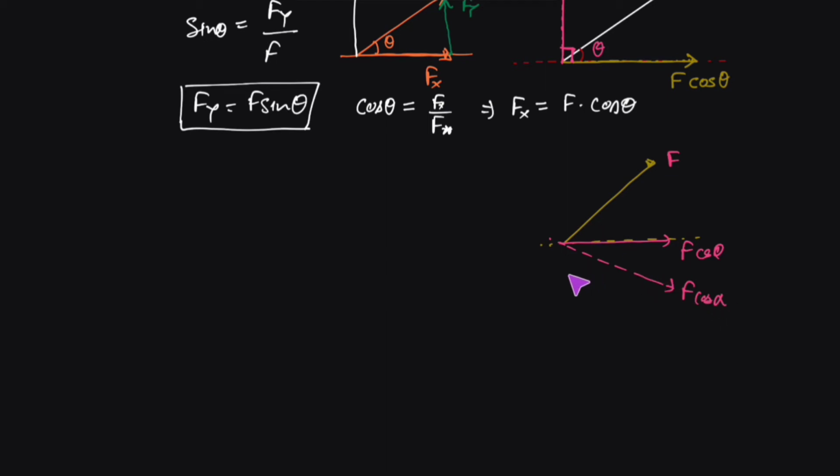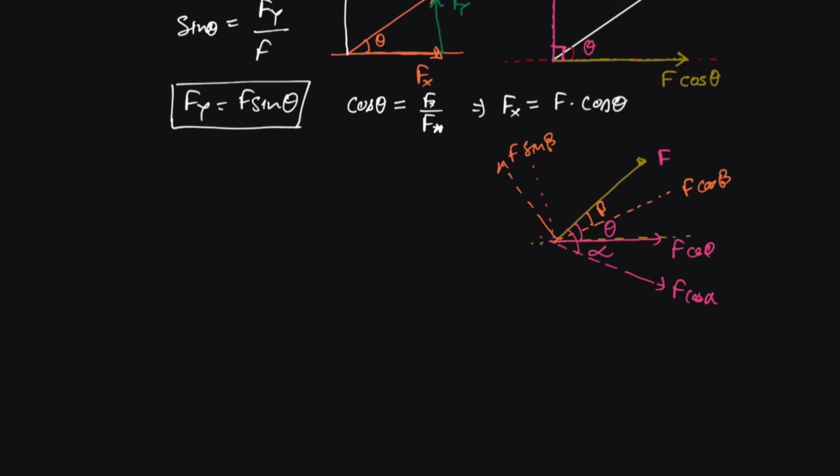Suppose this is in another direction, making an angle of beta, then this would be F cos beta. And at 90 degrees to it, this would be F sin beta. So this way you can find components in any direction. We would resolve the force or any other vector in the directions which are relevant to us as per the question.